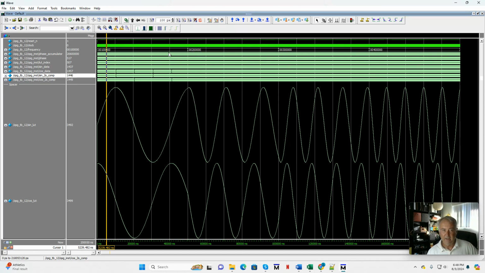And by doubling the phase increment, we've doubled the output frequency because we're stepping through the lookup table twice as fast. And here we've tripled the output frequency. We've gone from a phase increment of 2 to a phase increment of 3. And now we're at 3 times the frequency and 4 times the frequency, and so forth.